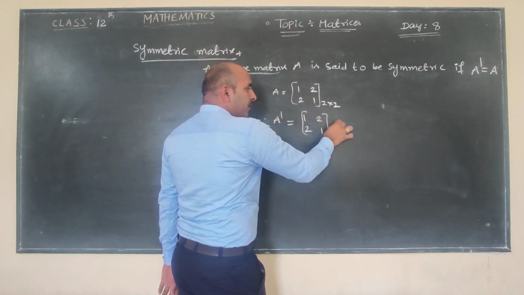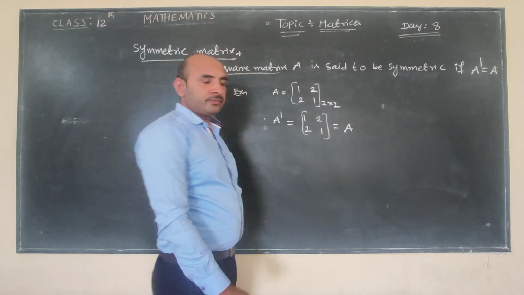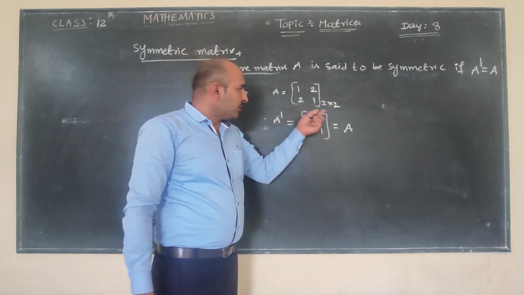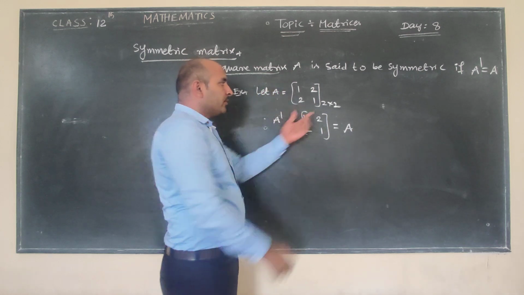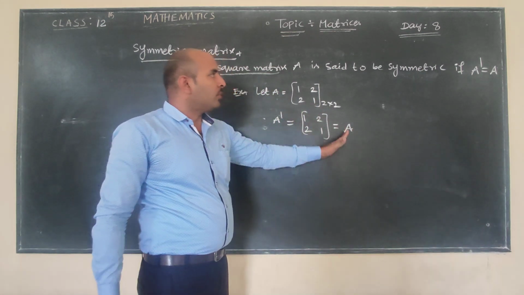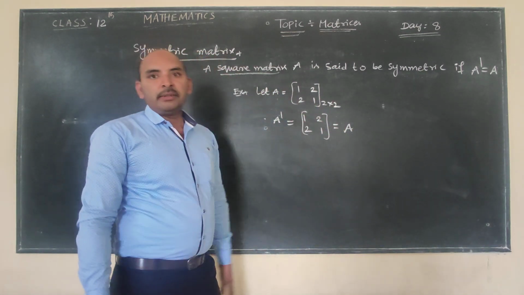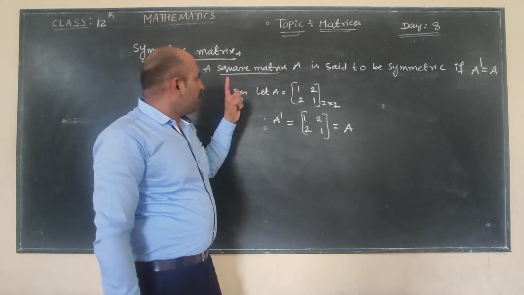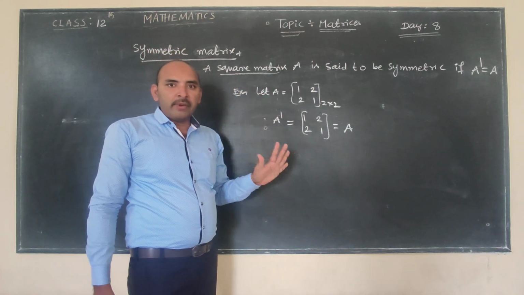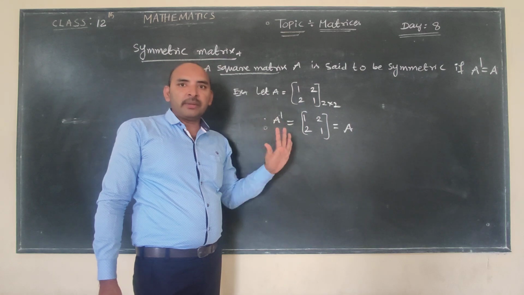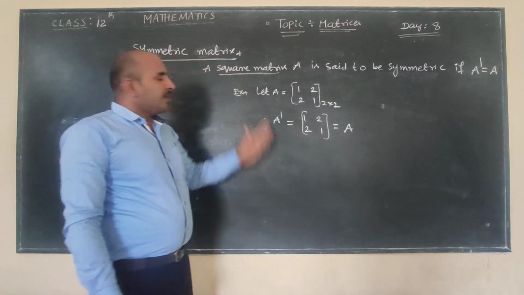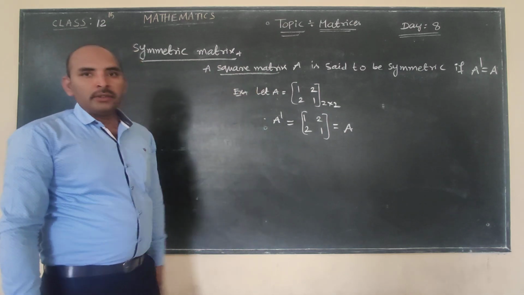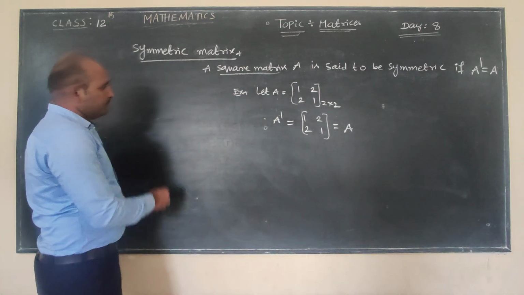Again it is equal to capital A. A transpose is equal to this matrix. Again we have taken capital A. It is a 2 by 2 matrix. A transpose is equal to A, which is the symmetric matrix. Remember, we have to take only square matrices, either 2 by 2 matrix or 3 by 3 matrix. A transpose is equal to A. Satisfied? You can say clearly capital A is called a symmetric matrix.